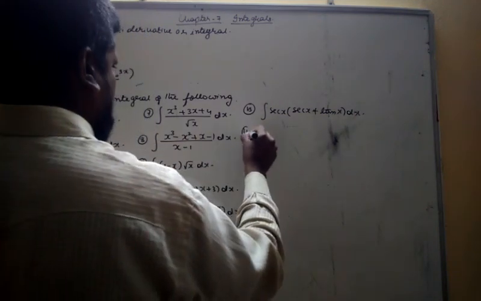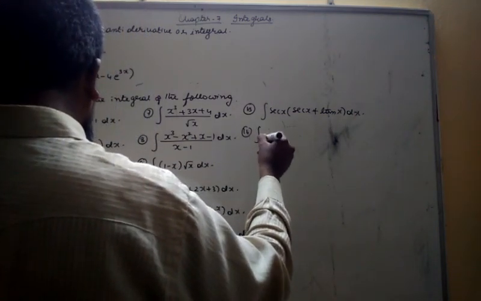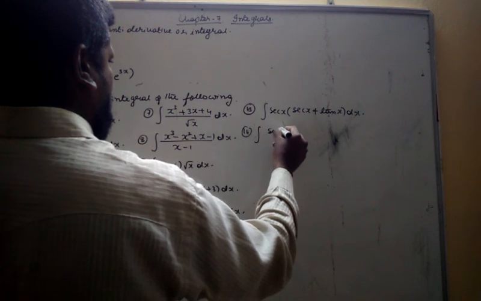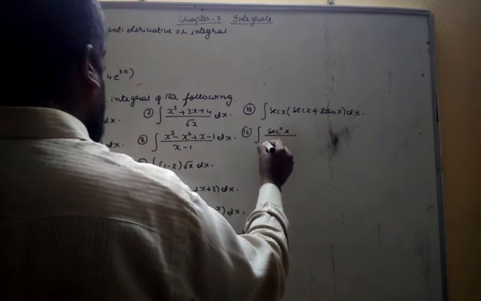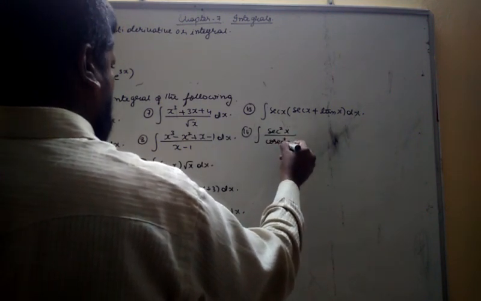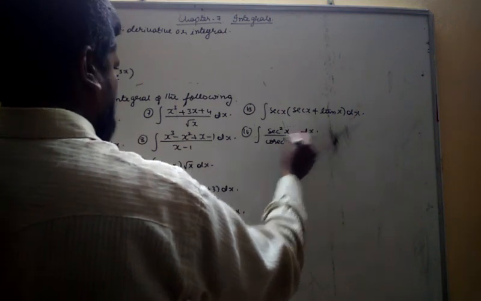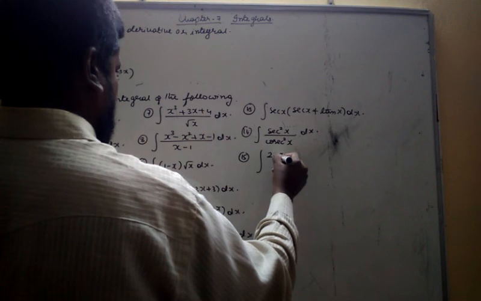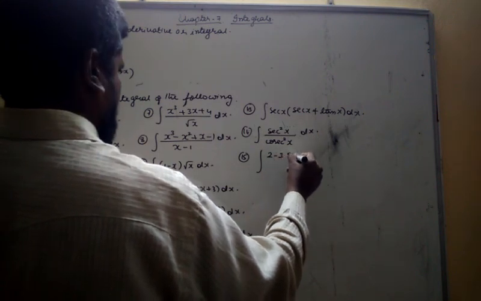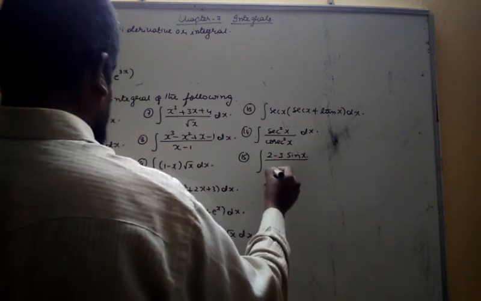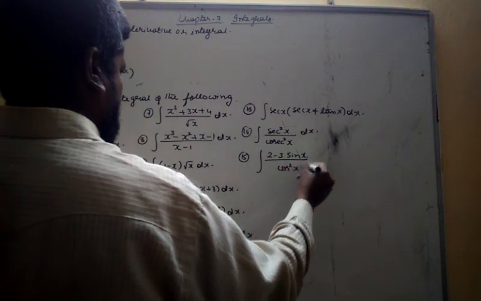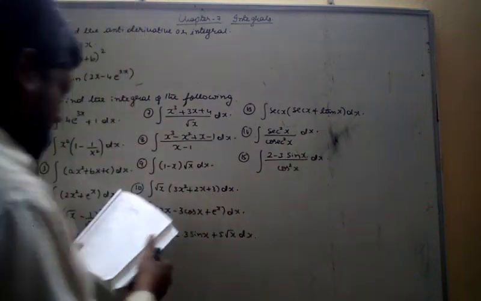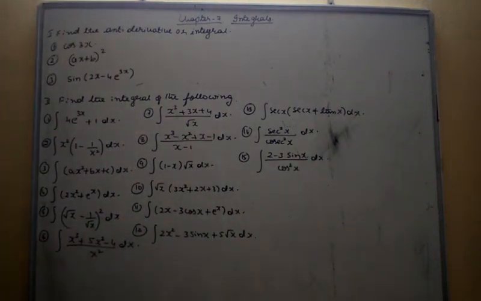The next problem is secant square x by cosecant square x dx. Then the last problem, 2 minus 3 sin x by cos square x dx. So these are the 15 problems you have to solve as an assignment. Okay.